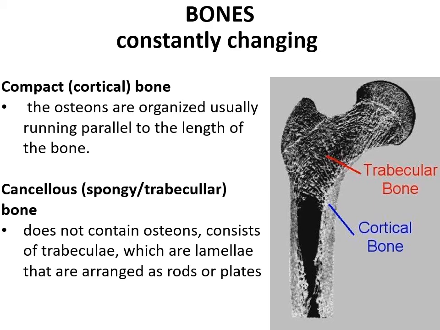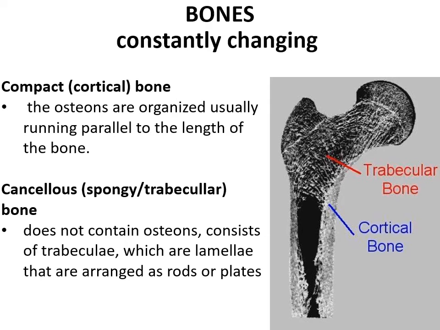Okay. The compact bone, typically for long bones, is what makes the diaphysis. So in between the two ends of a long bone, such as your femur, the diaphysis is the long part between the knee and the hip. That's the diaphysis. That's made up of cortical bone.